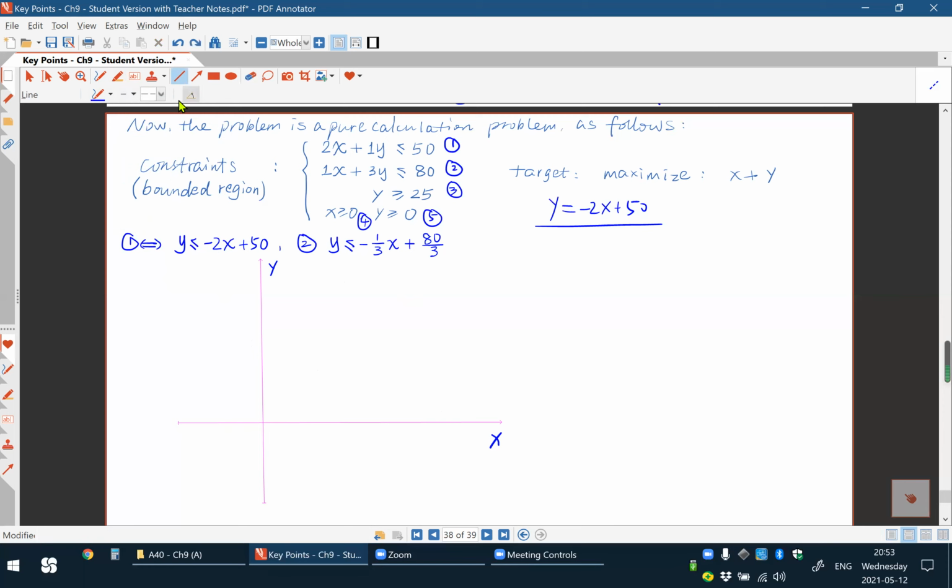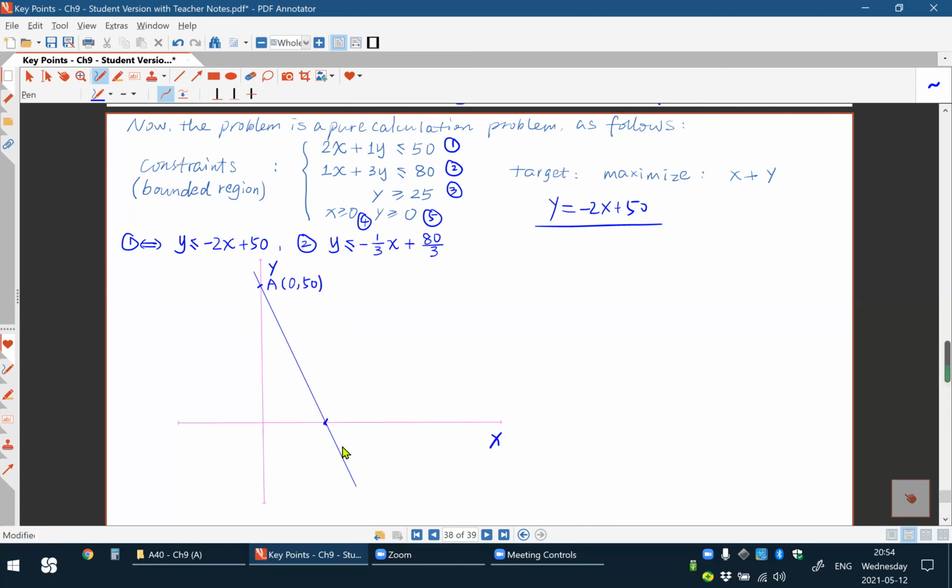And the y-intercept is (0, 50), so it's about here, right? And this is a vertex, point A. Coordinate is (0, 50).